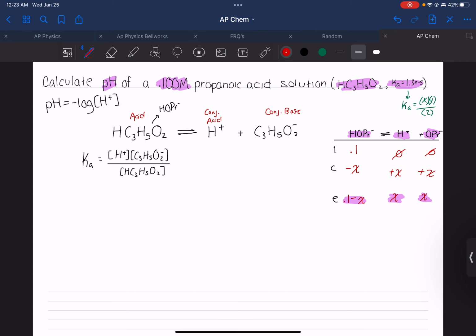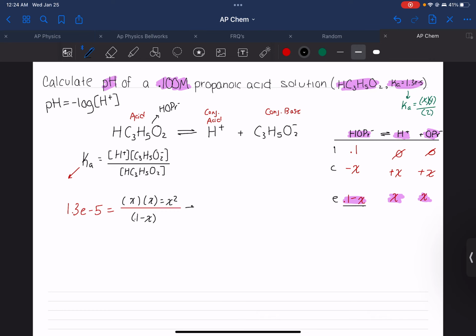So back to my Ka, which has a value of 1.3 E negative 5, which is equal to the concentration on the bottom, we said that was 0.1 minus X, comes straight from here, times X times X, which is equal to X squared.